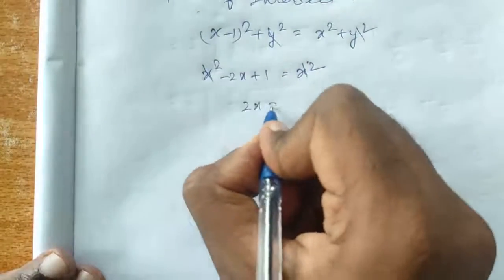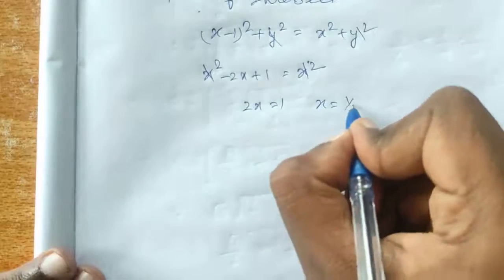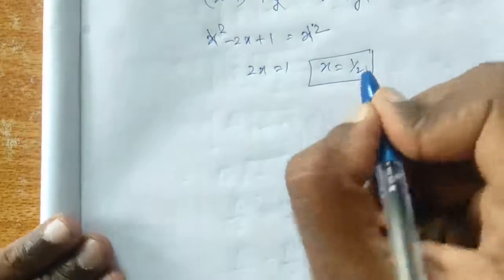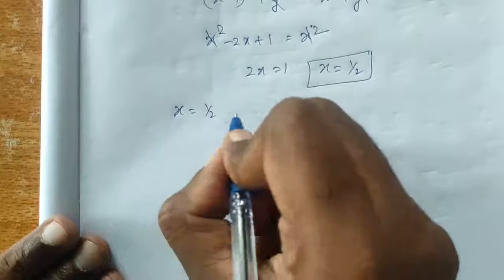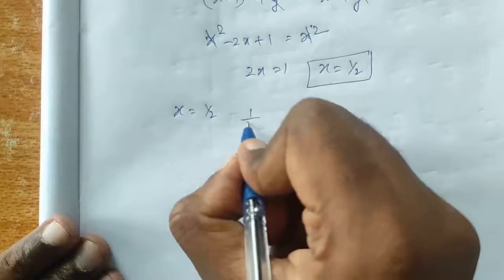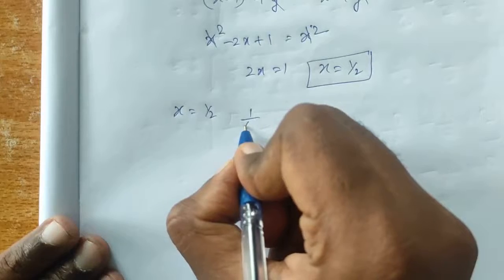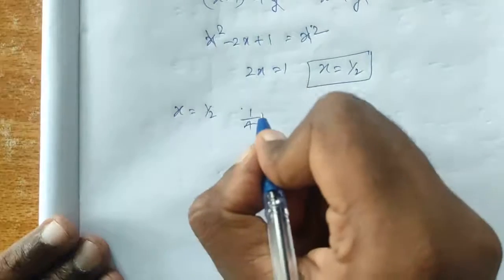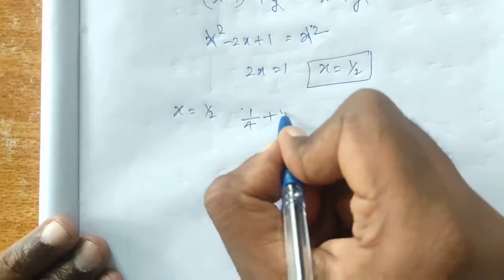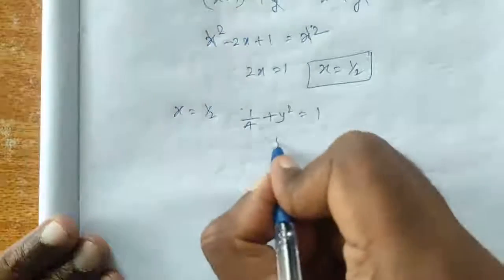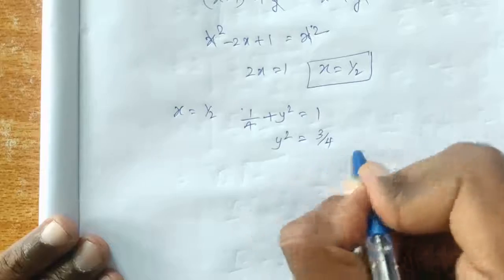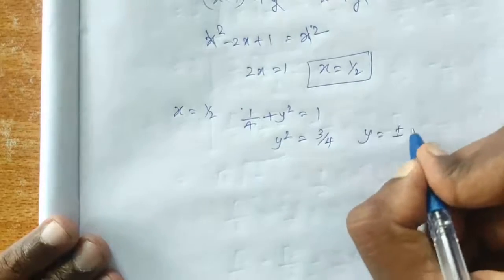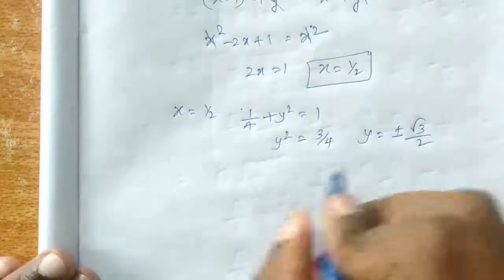So 2x is equal to 1, x is equal to 1 by 2. So put x is equal to 1 by 2 in the equation of circle. We get x square plus y square is equal to 1, and 1 by 2 the whole square, 1 by 4, plus y square is equal to 1. So y square is equal to 1 minus 1 by 4, 3 by 4. y is equal to plus or minus root of 3 by 4, root 3 by 2.